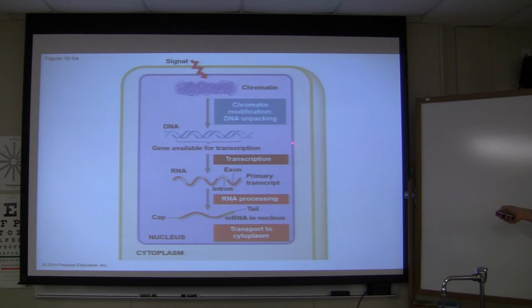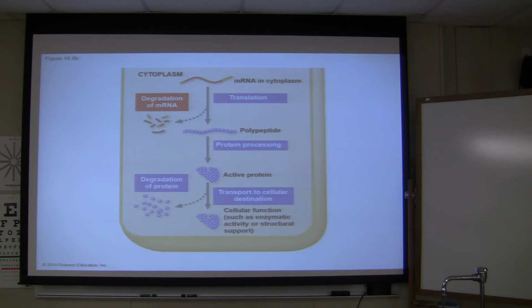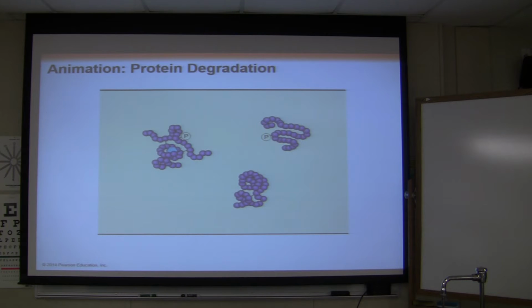Remember that: cell membrane, nuclear membrane, nucleus. So these are the events that occur in the nucleus. And these are the events, the regulations of the gene, that occur in the cytoplasm. In the cytoplasm, you have mRNA, degradation of mRNA, and protein processing, and so on and so forth.